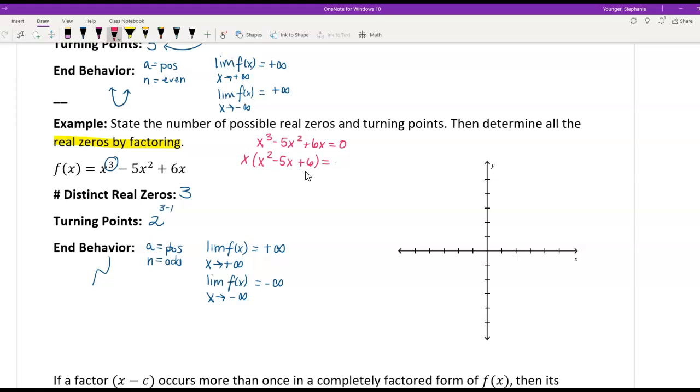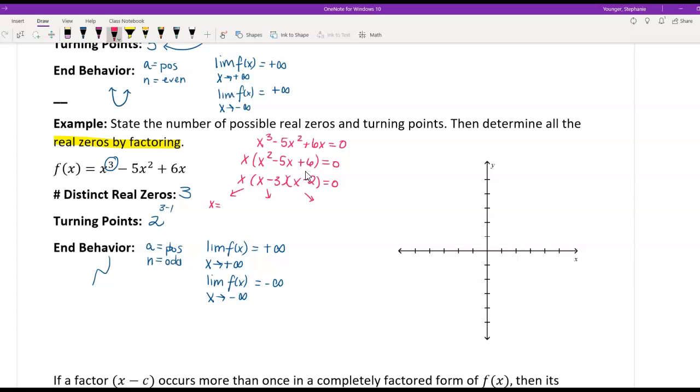This is a quadratic function with a leading coefficient of 1. So I need the factors of 6 that will get me negative 5. So that leads me to x, x minus 3, x minus 2 equals 0. Now I'm going to set each of these pieces equal to 0.